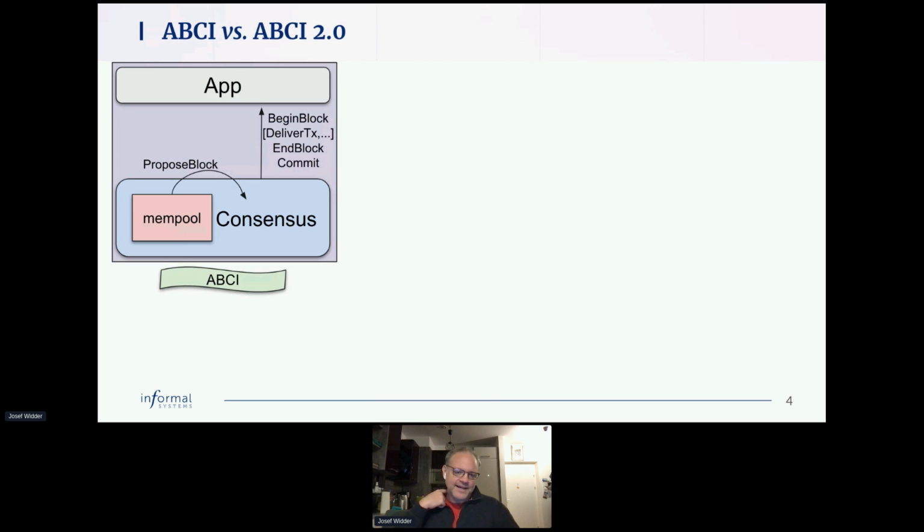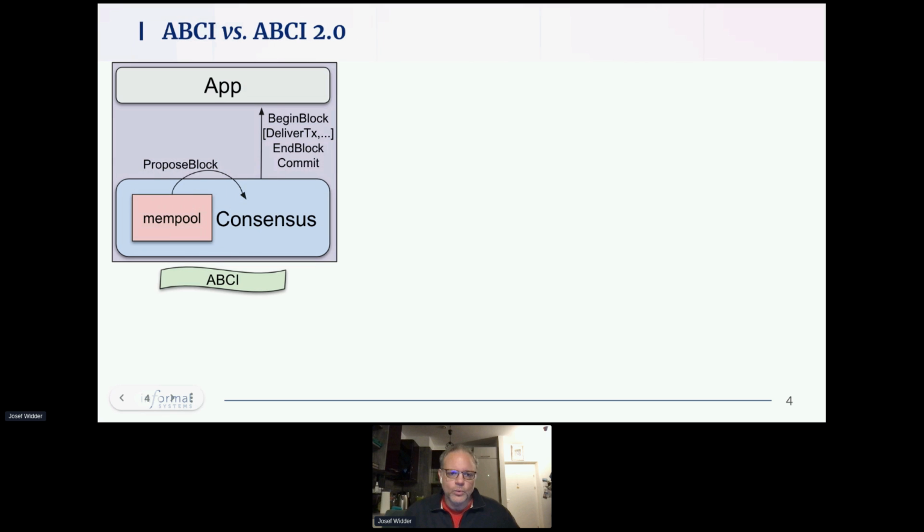ABCI stands for Application Blockchain Interface. That's how, in Cosmos, the application coordinates with consensus. It's built around a very standard state machine replication idea. In principle, the transactions go into the mempool, are proposed and put into a block, and go through consensus.